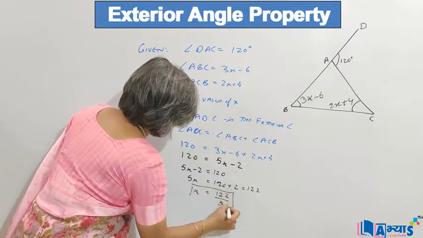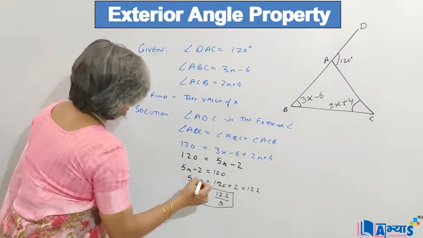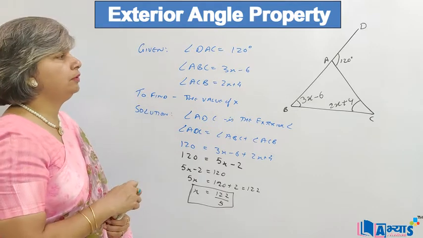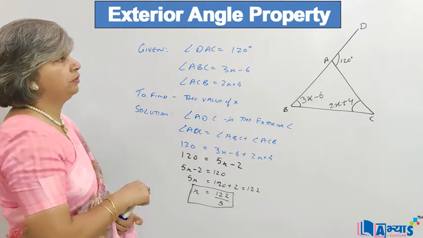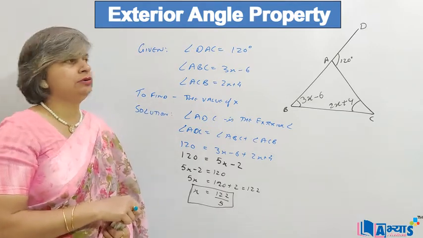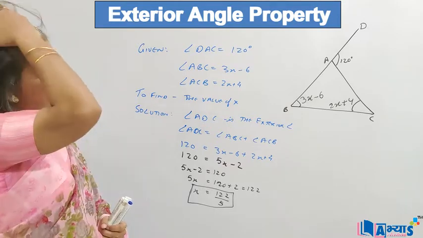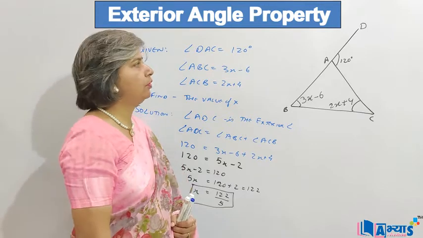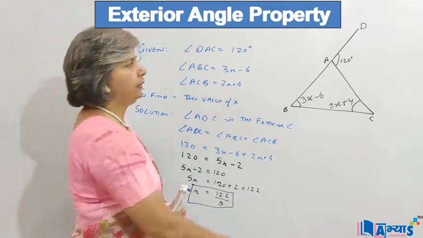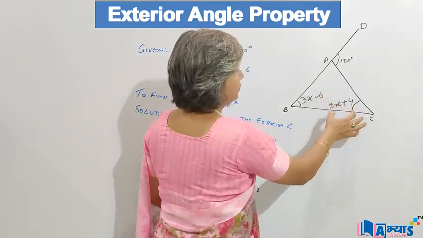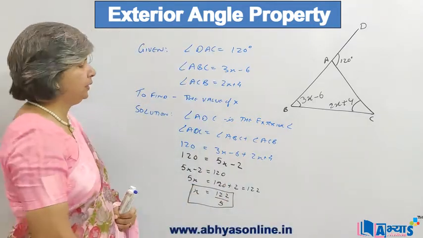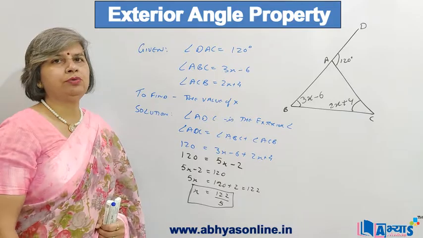So this is how we can find the value of x using the exterior angle property of a triangle. 120 degrees is equal to the sum of 3x minus 6 and 2x plus 4, so the value of x is 122 upon 5.